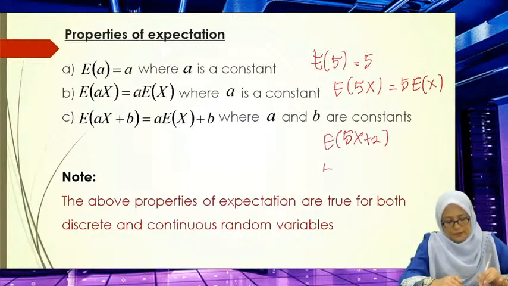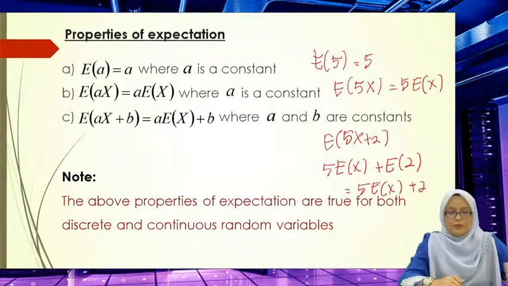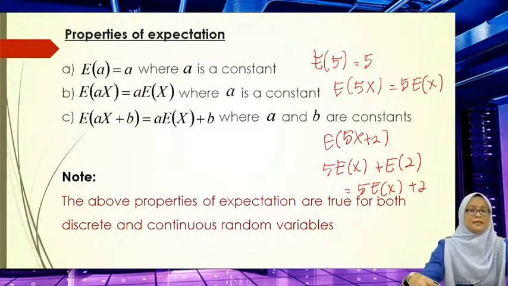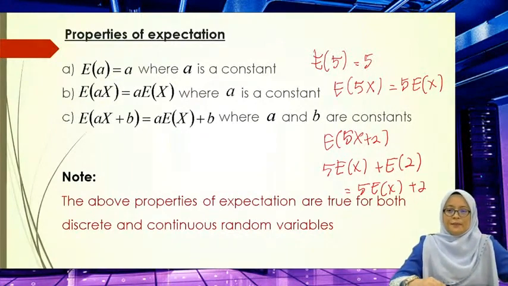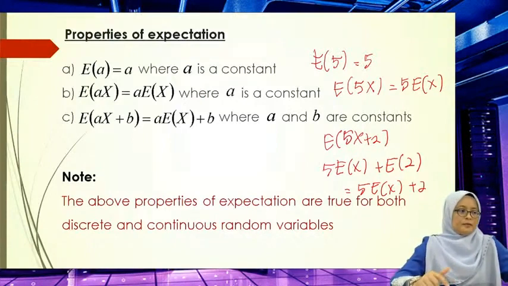So ini you akan dapat 5 expectation X plus expectation 2. So jadi 5 expectation X plus 2. So basic dia kena cari expectation X awak apa. So then you akan apply properties ni lah. And these properties are true for both discrete and continuous.